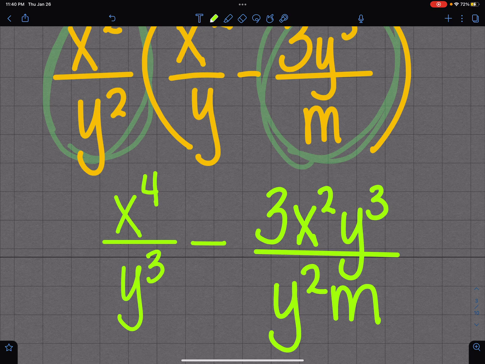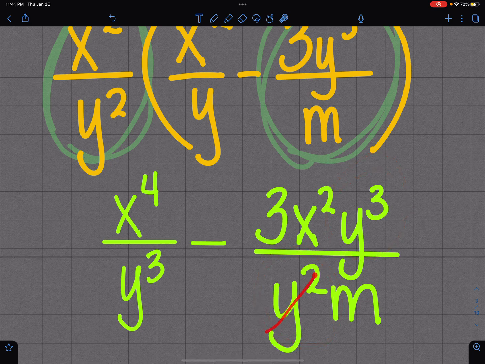Okay, now the next step is to see if we can reduce anything or simplify anything or cancel anything out. And remember, you can cancel things out in a single term if they're multiplied on the top and divided on the bottom, and you've got the same thing on the top and the bottom. Okay, check this out. We've got y's on the top and we've got y's on the bottom. So how would we cancel these out?